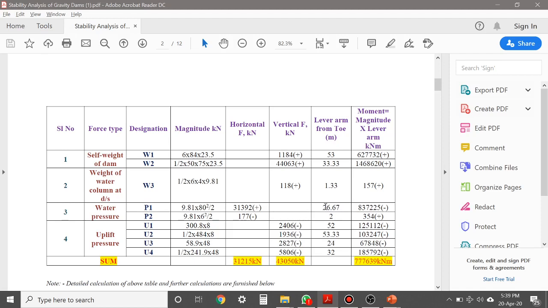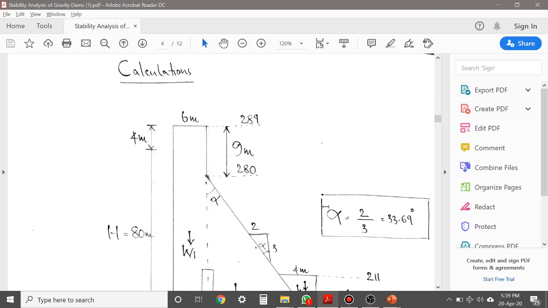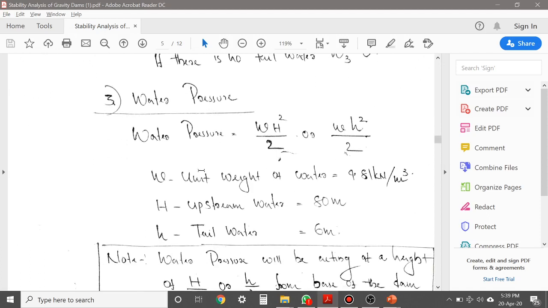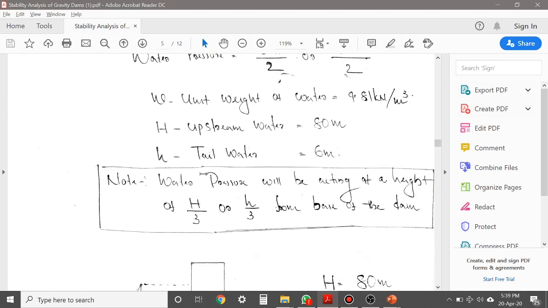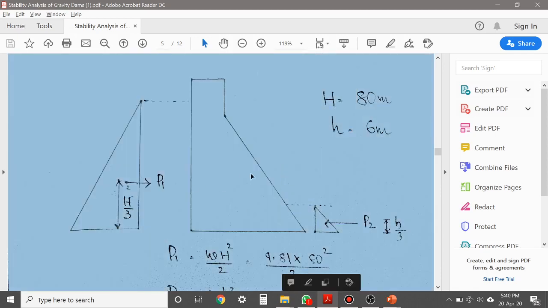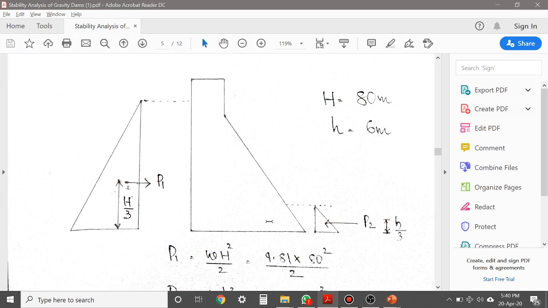So while taking the moment due to P1 and P2, you see the figure. See, while taking the moment due to P1 about toe, this will be the direction of the moment. So direction of the moment here is clockwise. According to our sign convention, clockwise moment is negative.